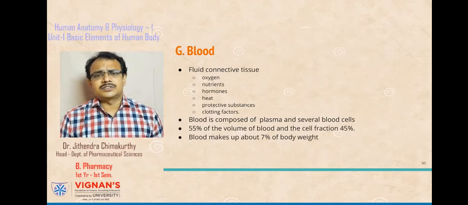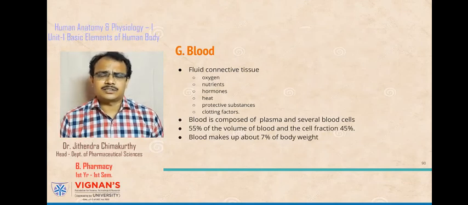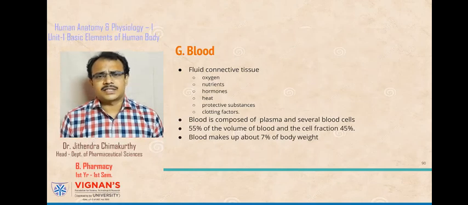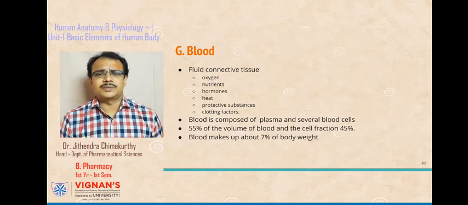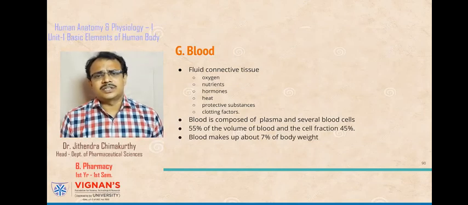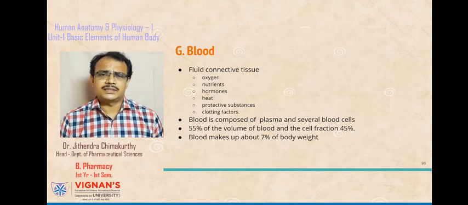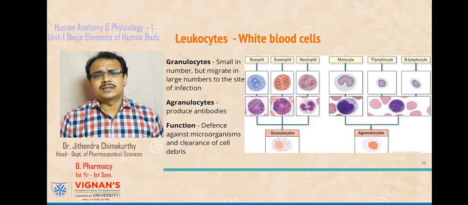Blood consists of plasma and a cellular fraction. The cellular fraction consists of different types of blood cells which can be categorized into erythrocytes, thrombocytes, and leukocytes.